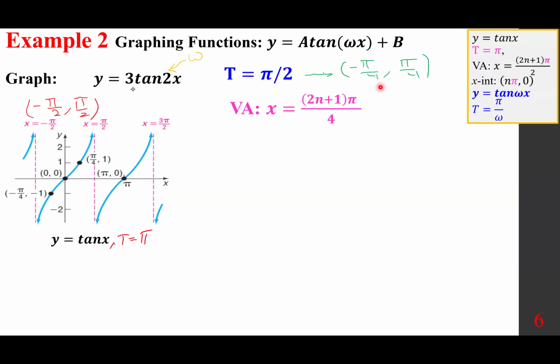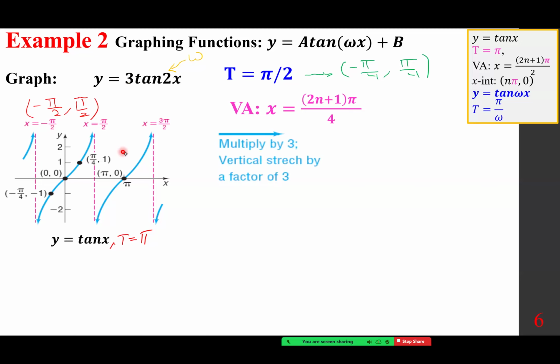Let's multiply it by 3, so we are not changing anything yet as far as the asymptotes are concerned. When you multiply this by 3, that means you stretch this vertically by a factor of 3, and therefore this one goes to pi over 4, 3.